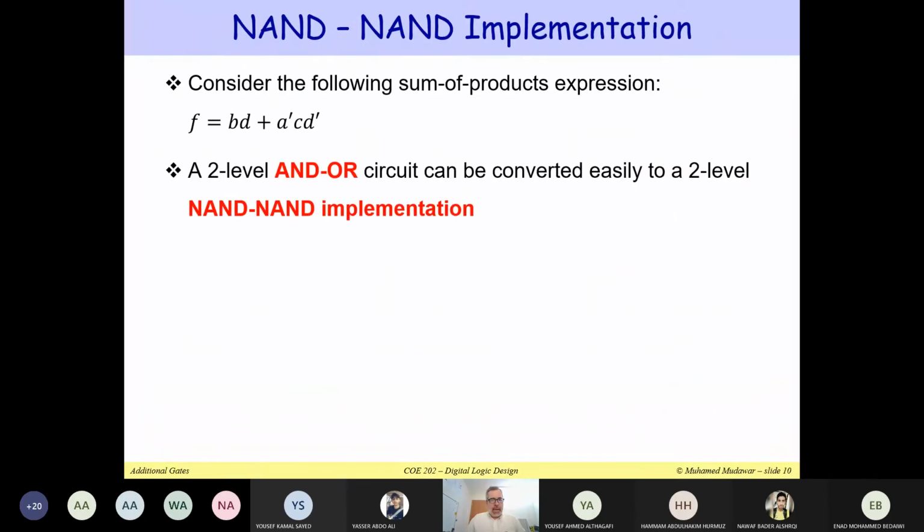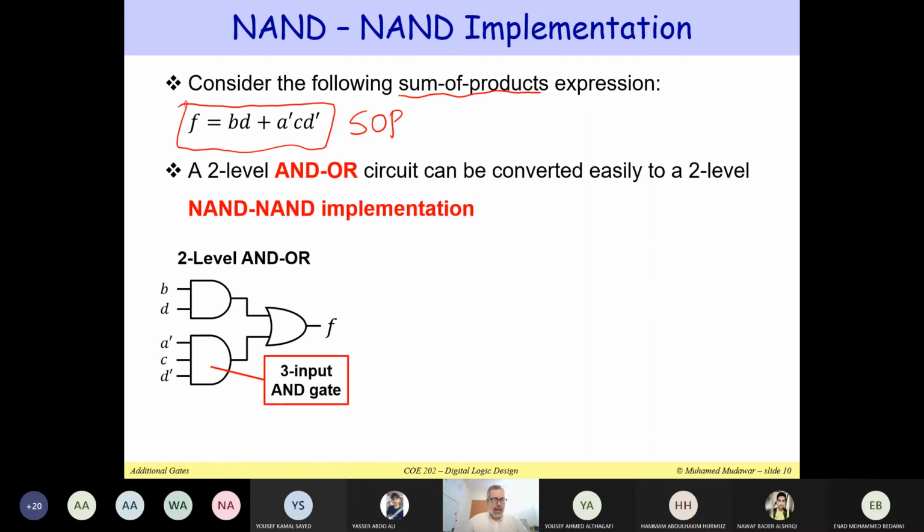Right. So let me talk today about NAND implementation and NOR implementation. If I have the following sum of products expression, F is equal to BD or A prime C D prime, I call this a sum of products, or SOP. I can easily draw a 2-level AND/OR circuit.